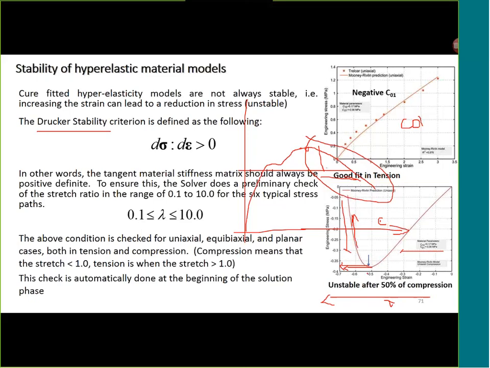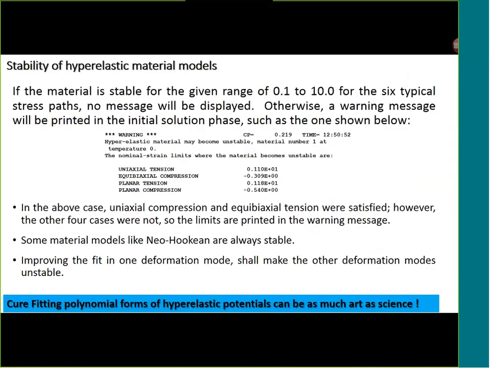So when you hit the solve button in Ansys, if that finite element model involves any hyperelastic material, Ansys does this check automatically up to 10% of the stretch. If any particular deformation mode becomes unstable within this 10% of the stretch, it will print a warning for all 6 different modes.